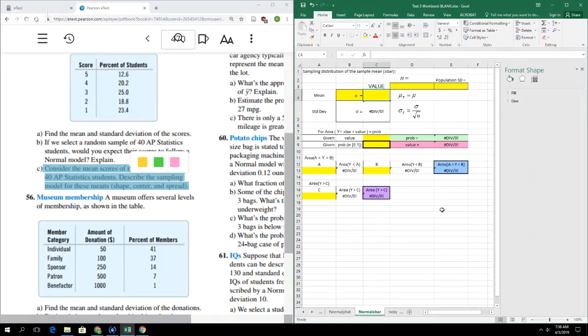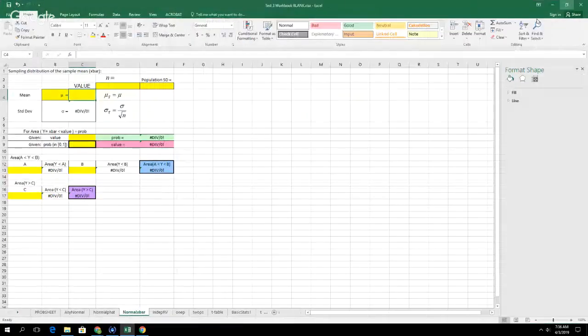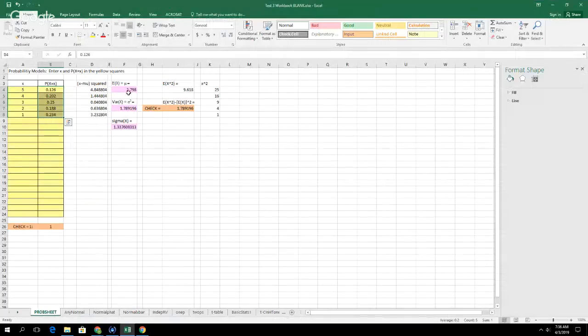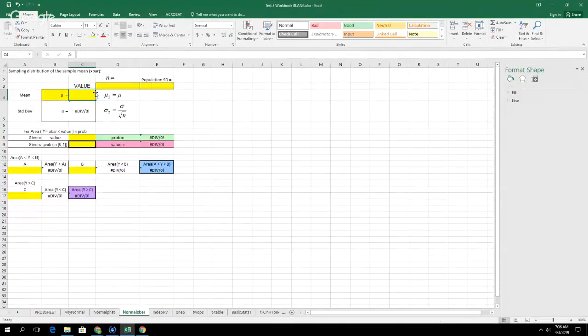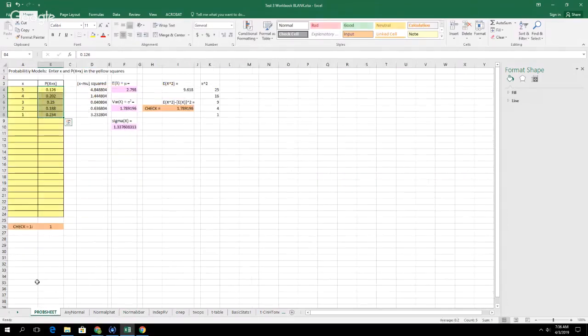My mean, zoom out here. So from the problem sheet, I got a mean of 2.798. From the problem sheet, I have a standard deviation. I'm just going to copy paste.